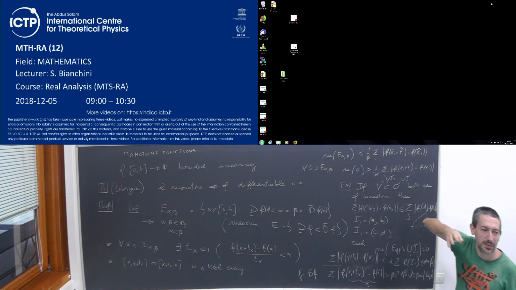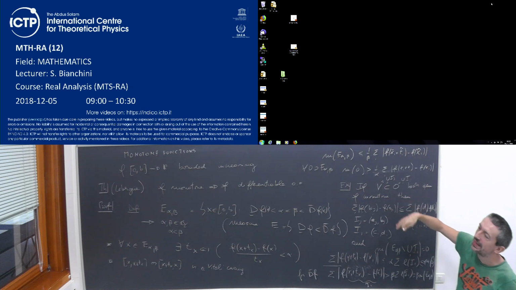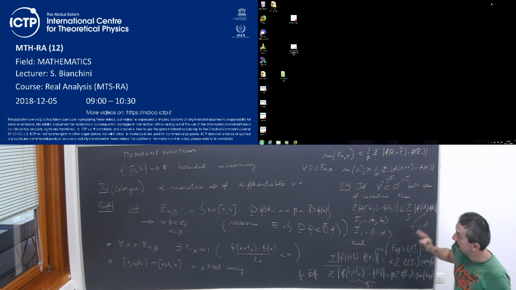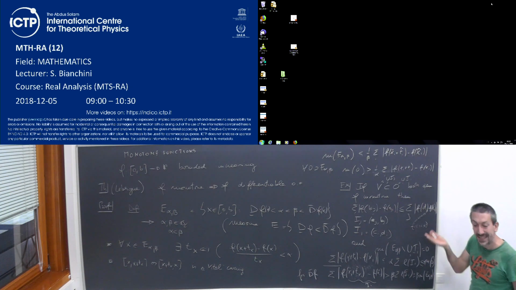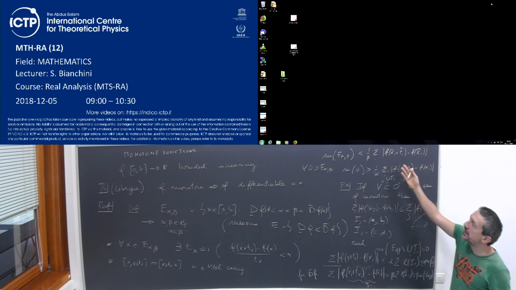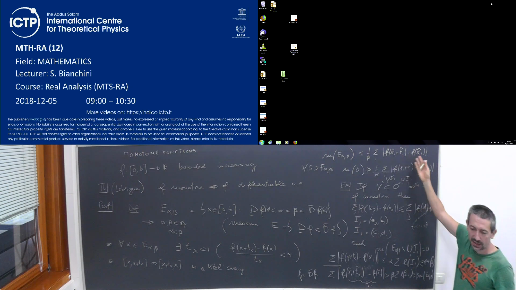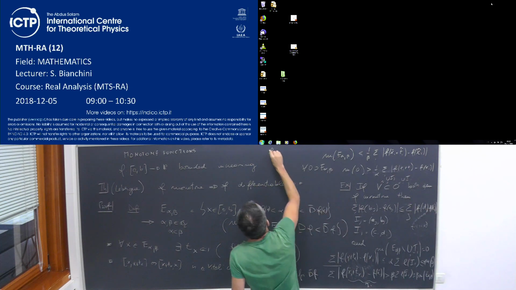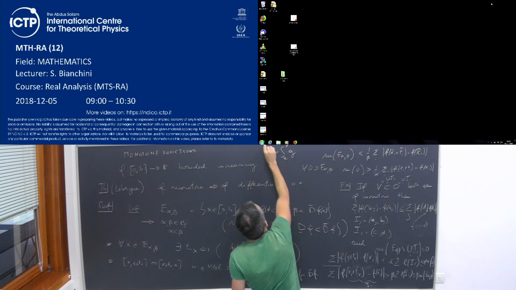So I'm going to let you understand the proof, because the proof is a little work. But if you want to understand the idea, assume that actually f is the integral of a function. So f is the integral from a to x of g. Assume.